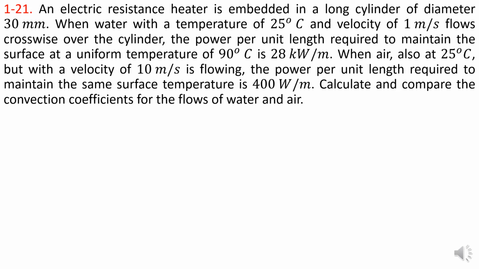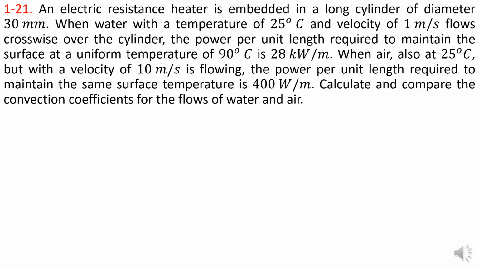When air, also at 25 degrees centigrade but with a velocity of 10 meter per second, is flowing, the power per unit length required to maintain the same surface temperature is 400 watt per meter. Calculate and compare the convection coefficients for the flows of water and air.